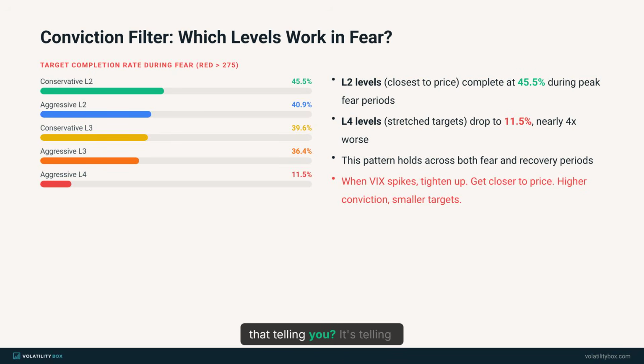So what is that telling you? It's telling you that conservative volatility box models, whenever you are starting to see these price gaps, and entering at the clouds, is a really nice strategy that helps outperform some of the aggressive models. So when this breadth is shifting, aka yellow is surging or red is peaking, the setups that come closest to the conservative models are the ones you want to pay attention to.